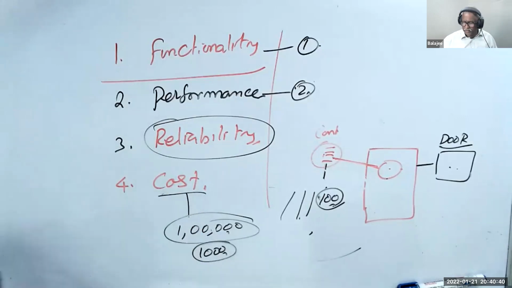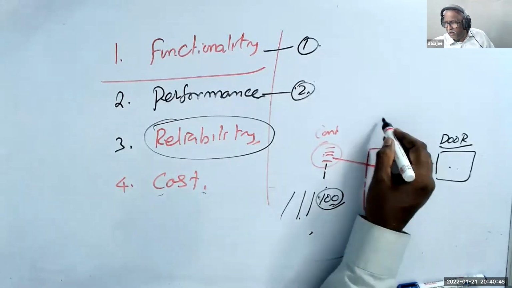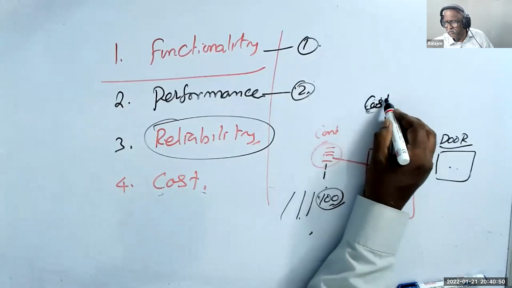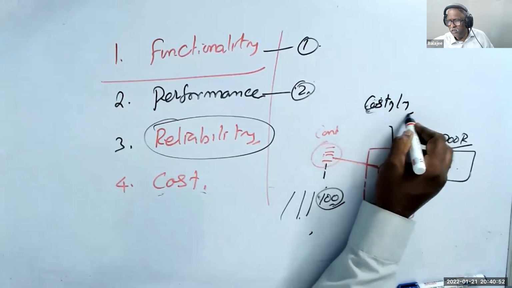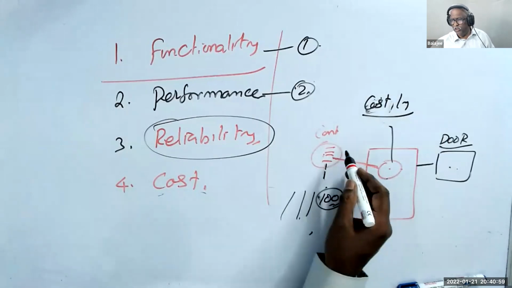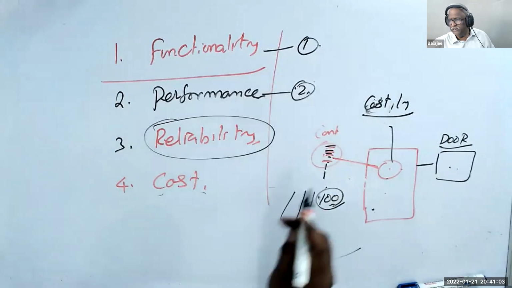Now you should know the trick here. I buy this costly microprocessor, make the product expensive, but my software is not that good. That's why this is cheap.